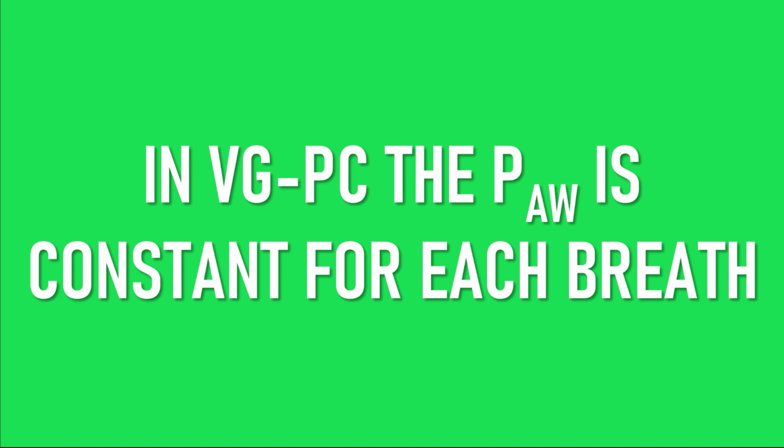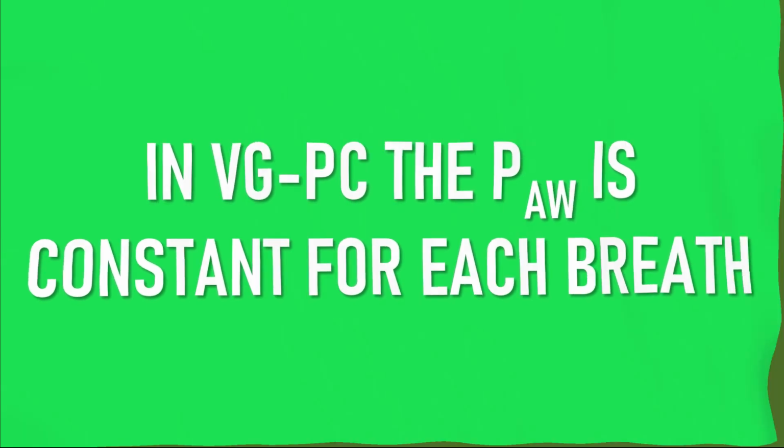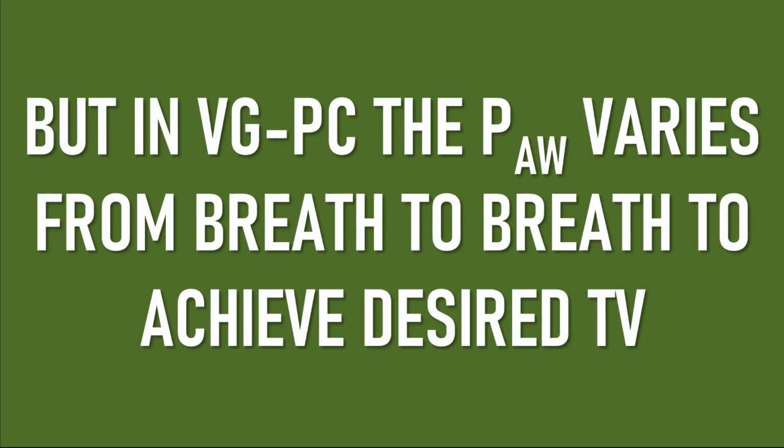Once the breath is about to happen, it happens, and it gives a flow of gas up to a certain pressure level that hopefully gives the patient the tidal volume you want, and that doesn't change once the breath starts. But most importantly, in volume guaranteed pressure control, the airway pressure varies from breath to breath in order to achieve the desired tidal volume. So each breath is a little bit different.